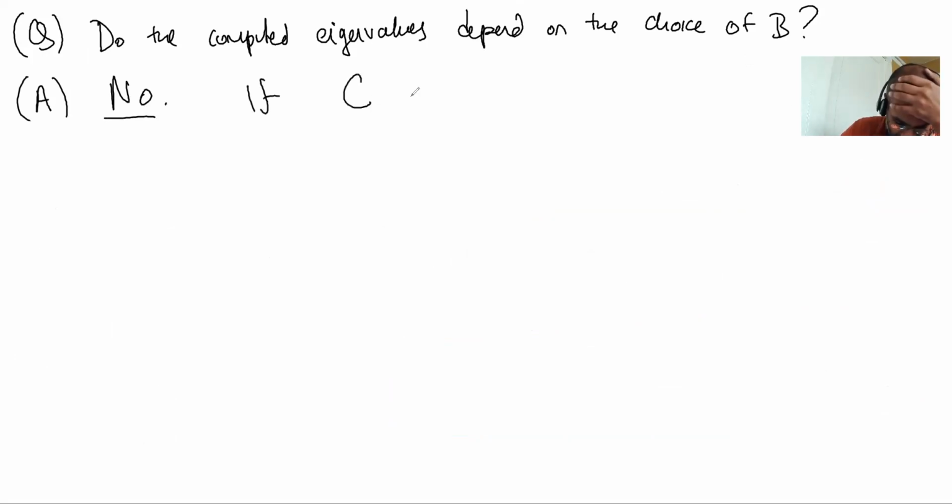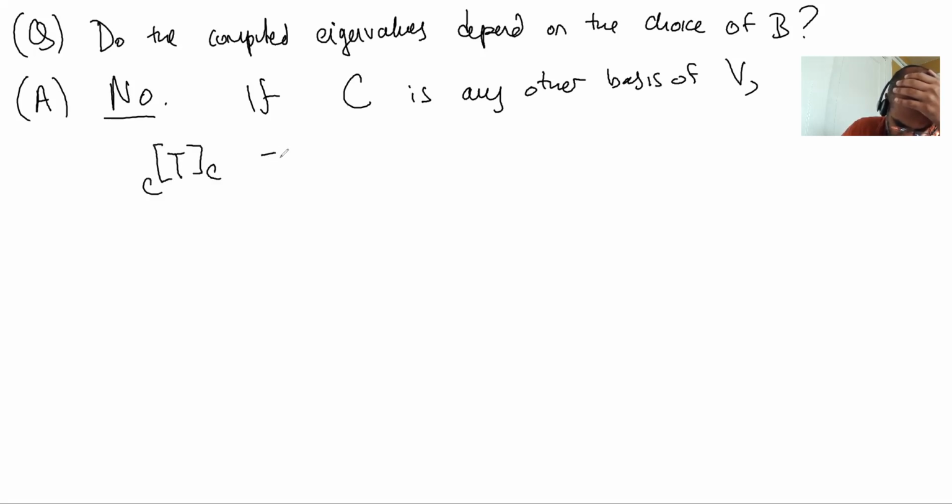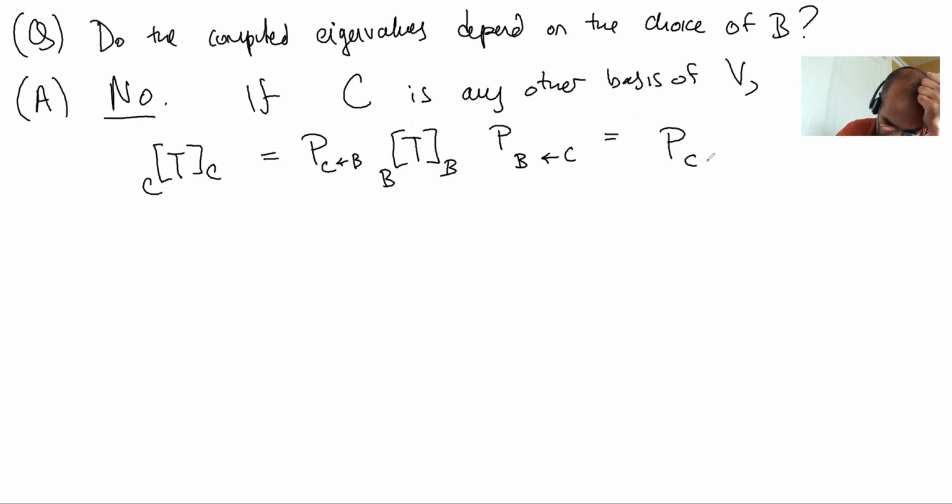So if C is any other basis of V, then the matrix of T with respect to C is actually related to the matrix of T with respect to B in a very specific way, right? Namely by these change of coordinates maps. But now I can write this as P_{C←B} times this thing, times P_{C←B} inverse.